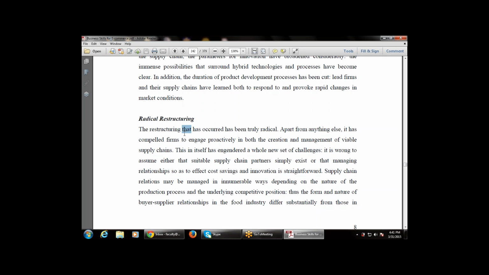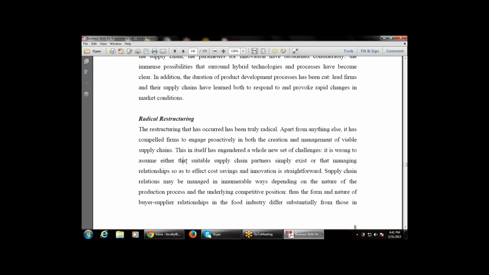Engage proactively means engaging in a new fashion. So it affects the various organizations and industries, compelling them to engage proactively.